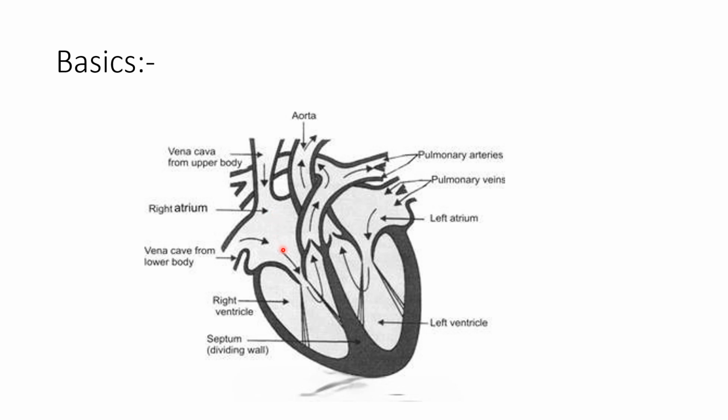Then, by means of the tricuspid valve, because it is the valve between the right atrium and right ventricle, the deoxygenated blood goes into the right ventricle. When the right ventricle contracts, the blood will go through the pulmonary semilunar valve, the arterial semilunar valve, and goes to the lungs.